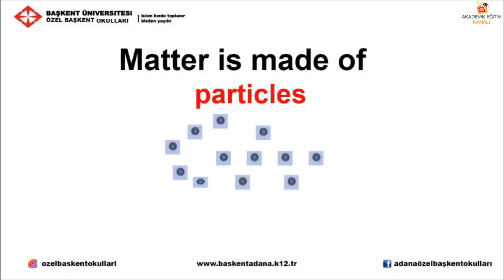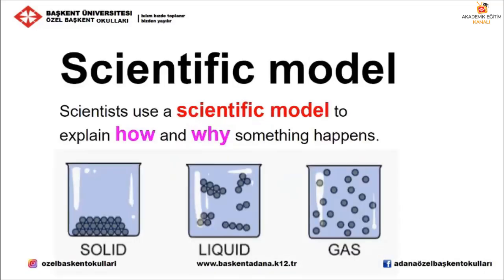Matter is made of particles. These small circles are what particles look like, but we cannot see them with our eyes. Scientists use a scientific model to explain how and why something happens.